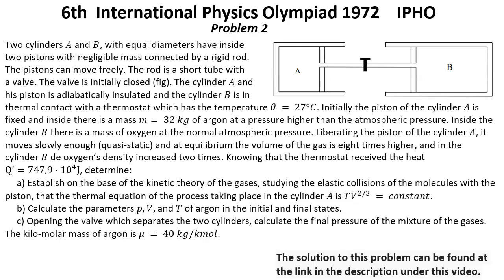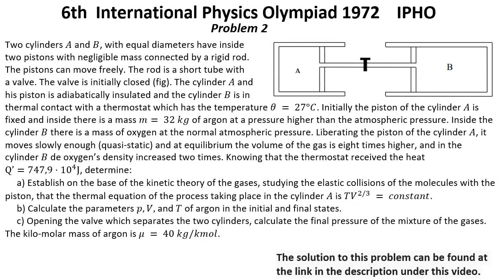Two cylinders A and B with equal diameters have inside two pistons with negligible mass connected by a rigid rod. The pistons can move freely. The rod is a short tube with a valve. The valve is initially closed. The cylinder A and its piston are adiabatically insulated, and the cylinder B is in thermal contact with the thermostat, which has the temperature theta equal to 27 degrees Celsius.